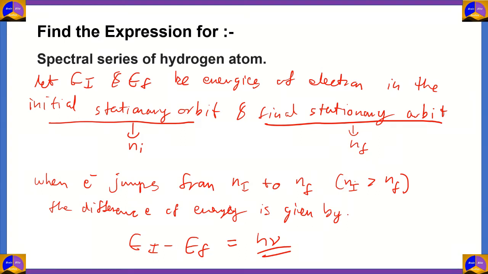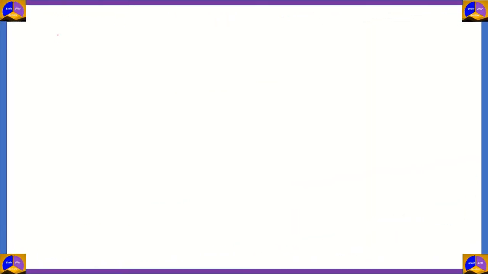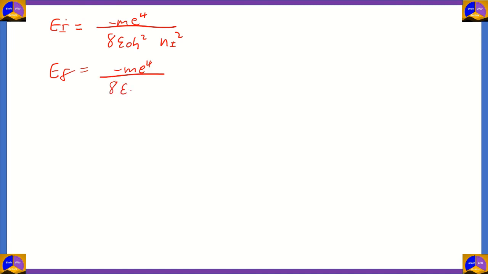So in order to calculate the exact energy difference and the frequency at which it occurs, we put the initial energy using the formula minus m e raised to 4 divided by 8 epsilon naught h square ni square. And for the final energy of the electron, we again use the same formula, instead of ni it is just nf, epsilon naught h square nf square.